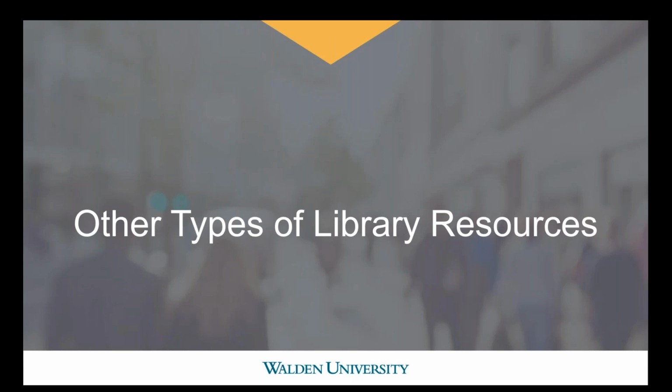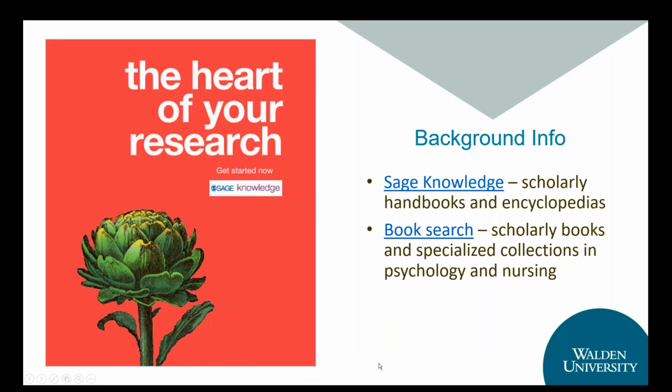So we base a lot of the work we do off of peer-reviewed research. But the same people, your instructors, professors, and other academics that write those research articles also contribute to other types of materials. So let's talk about some of those that you may not have explored much since being at Walden.